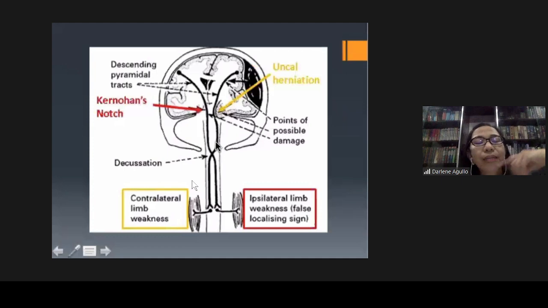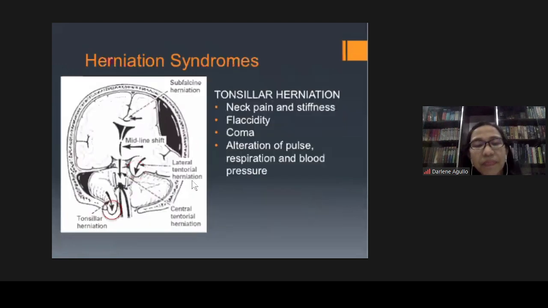By the way, yung decussation mo kasi is lower brainstem pa man. So bilaterally, naiipit yung corticospinal tract mo. So dalawa yung weakness mo. Both lower limbs are weak. So that, no, nalilito minsan yung mga doctors ma-localize because of this Kernohan sign.